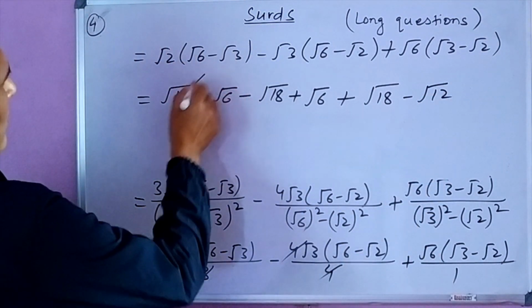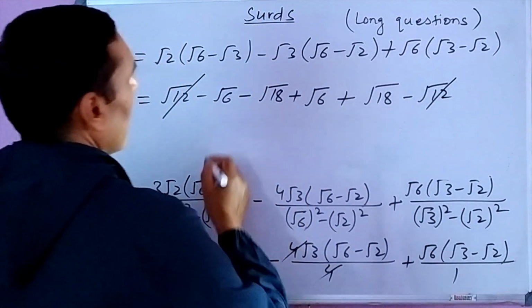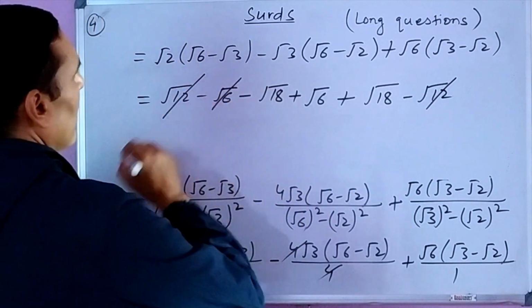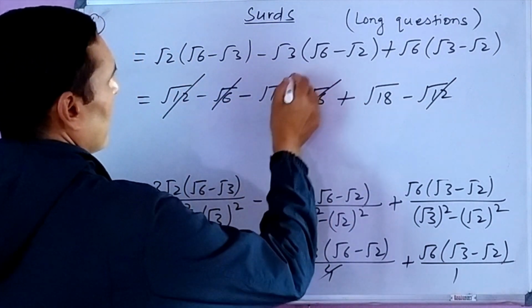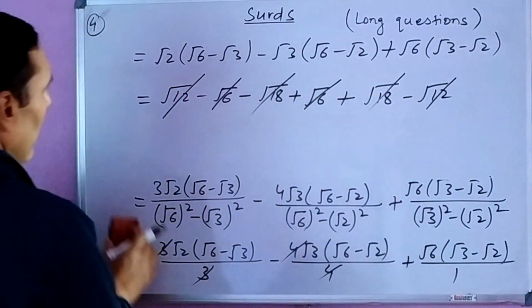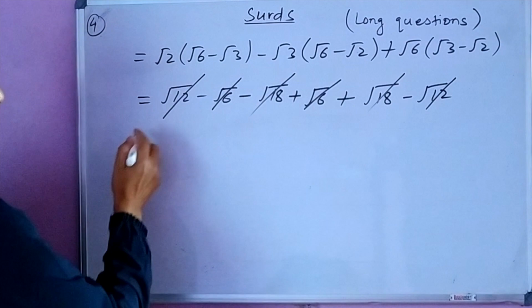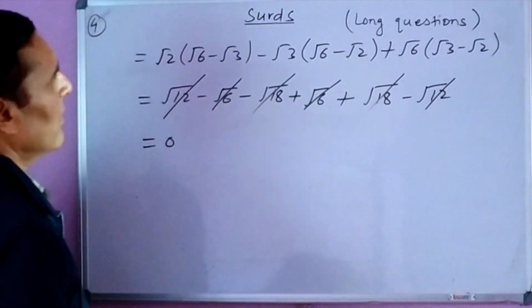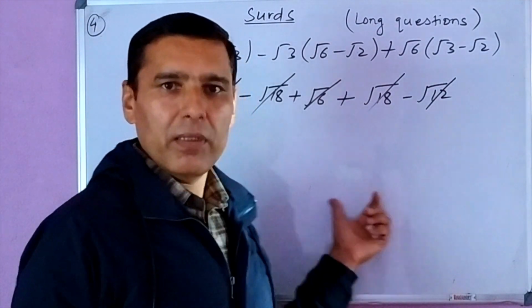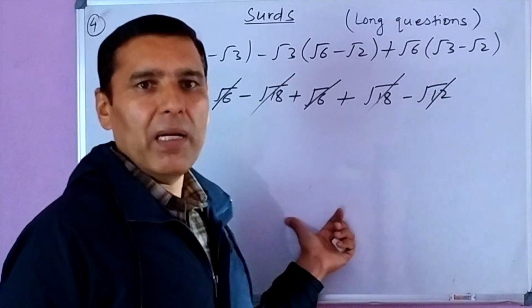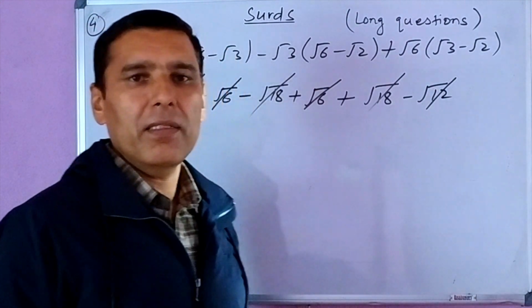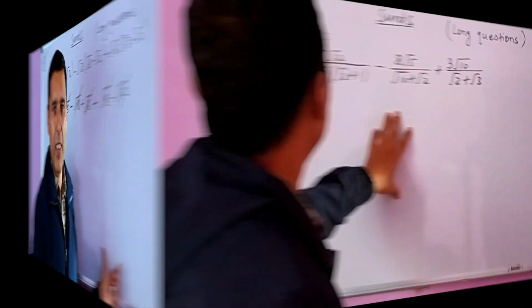Now look here, plus root 12 minus root 12, and this minus root 6 plus root 6, minus root 18 plus root 18, all cancel. So giving the answer 0. So in this way we simplified the question by rationalizing the denominator in a very easy way.